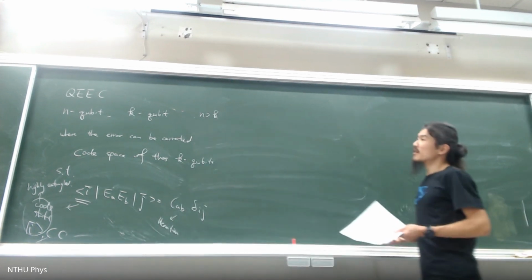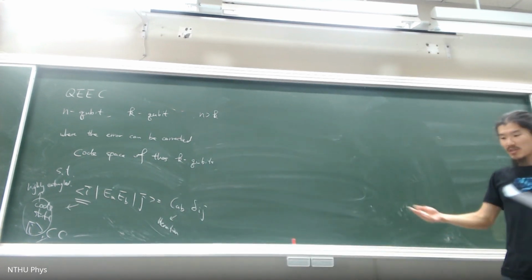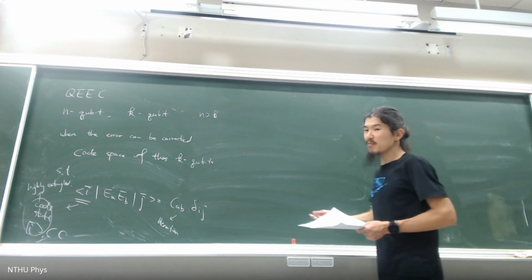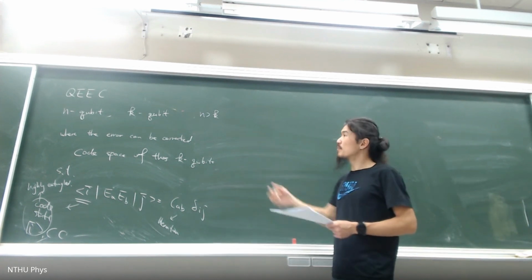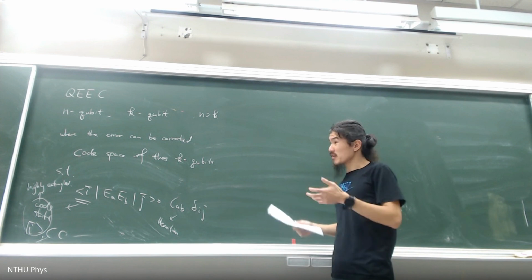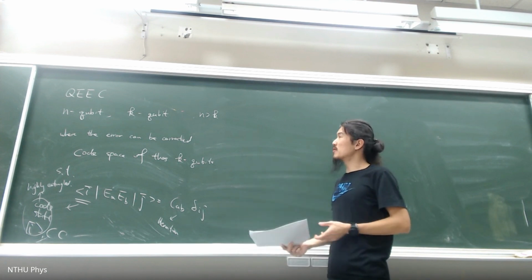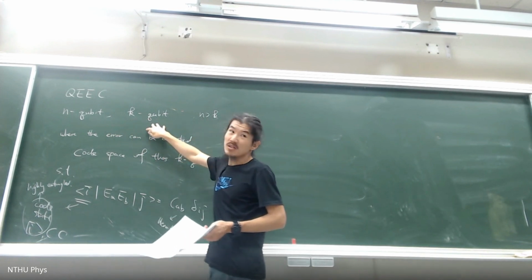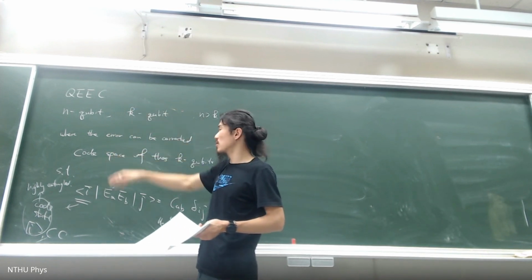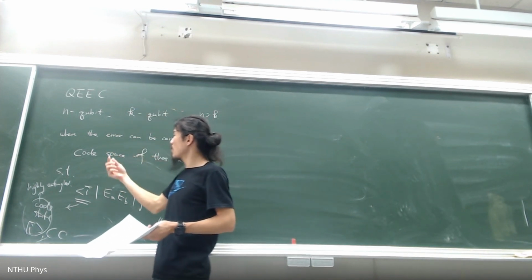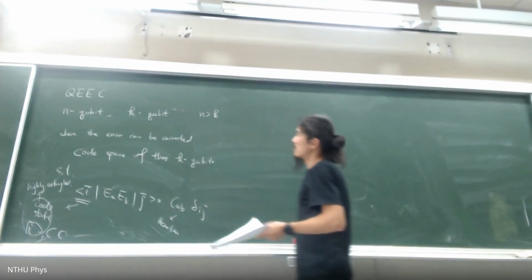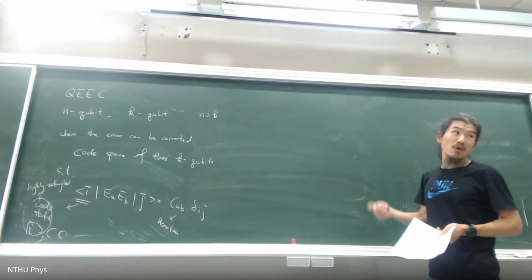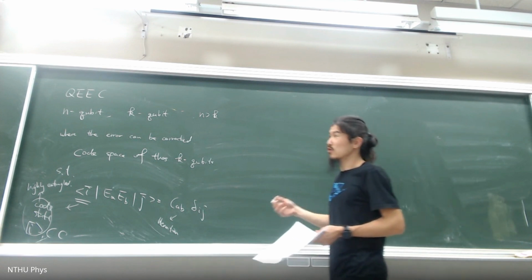So if I imagine these n qubits are physically labeled by position, then I can ask about the entanglement because I can do a bipartition. Since I'm trying to embed k qubits inside this n qubit system, I must know how to correct the error, and an error only happens on local qubits, right?